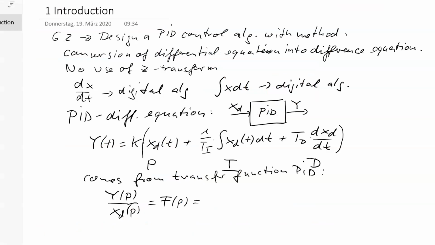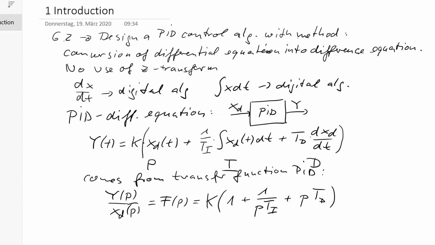So this is k, parenthesis open, 1 plus 1 divided by pTI plus pTD. You see the relation between the differential equation here and the transfer function here.